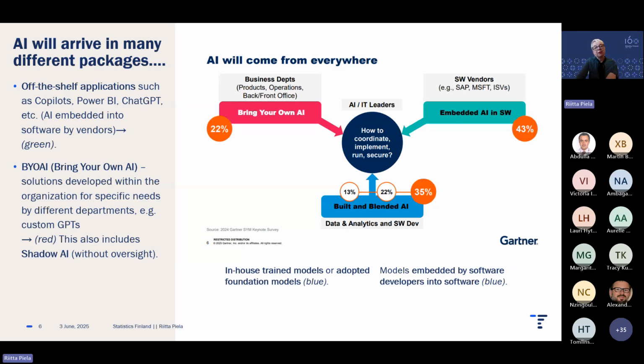And then in the blue box, we have in-house trained models or adapted foundation models, where we are probably fine-tuning and so on. In the blue box, there are also models embedded by software developers into the software. And as we can see, in the middle there's a circle that says we should be able to coordinate, run and secure all of this that comes into the office.